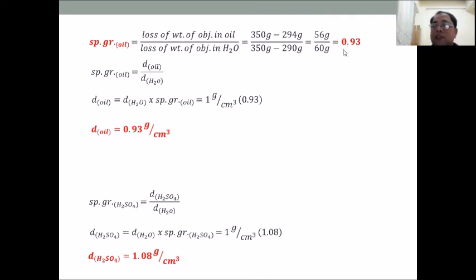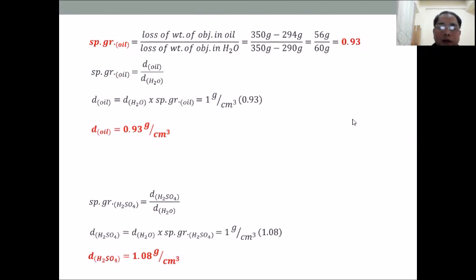So this one is lesser than 1. Therefore, we say that oil will eventually float in water. So getting the SPGR of oil and multiplying it by the density of water, which is 1 gram per cc, will give us 0.93 gram per cc, which is the density of our oil.